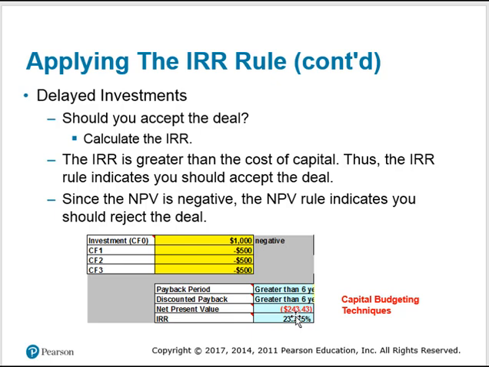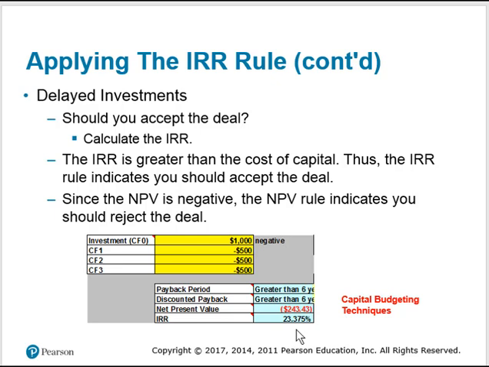So should you do this project or shouldn't you do this project? Well, if you look at the internal rate of return, it says that you'd actually receive a return of 23% on this money. And again, we only had a 10% opportunity cost. So you're getting over double the opportunity cost. The challenge is it's the internal rate of return, right?